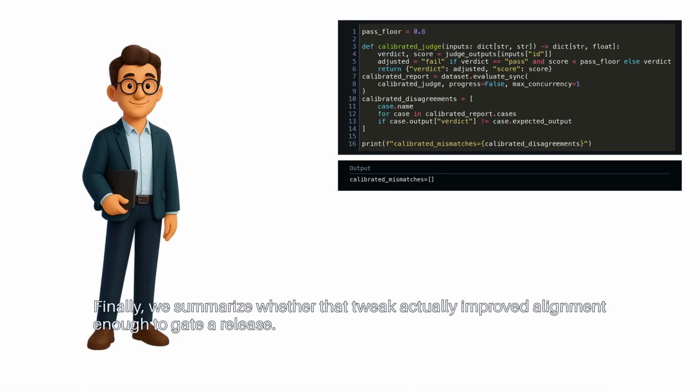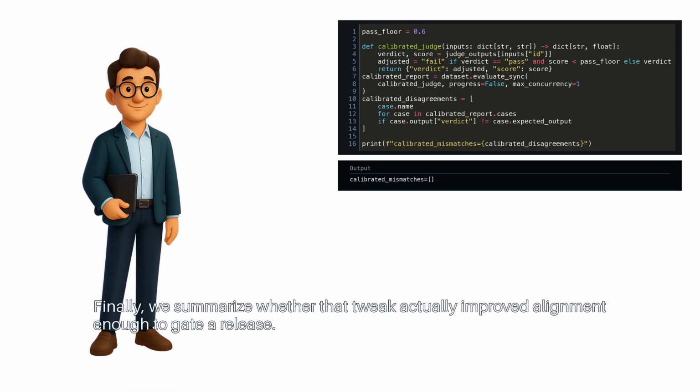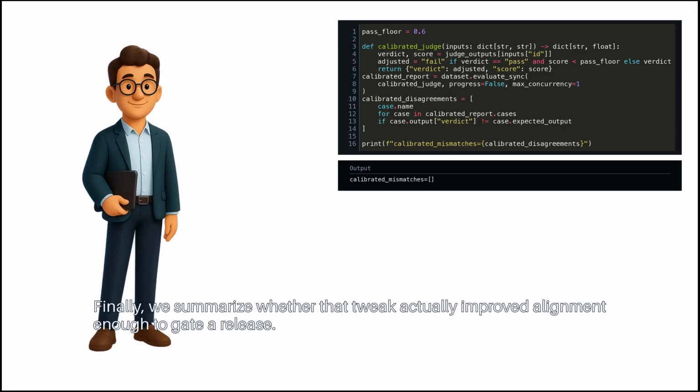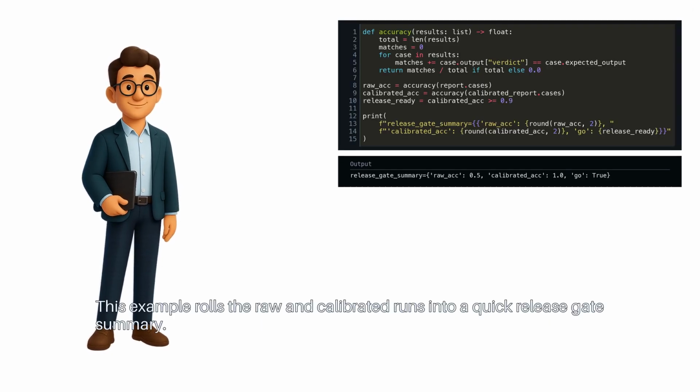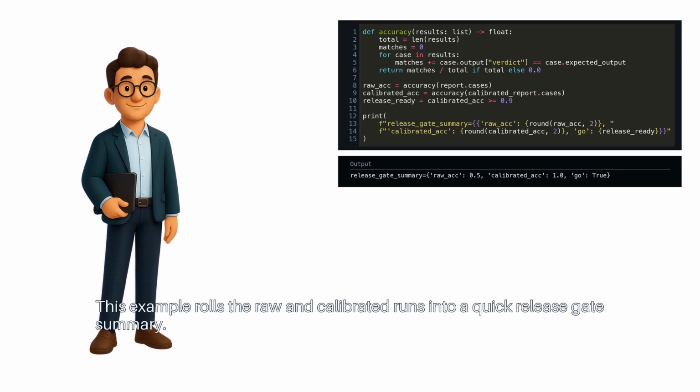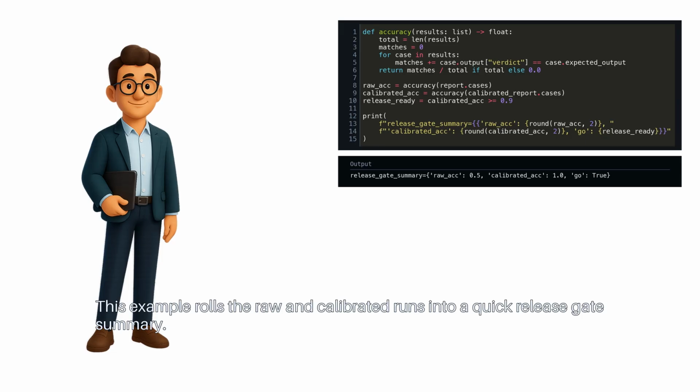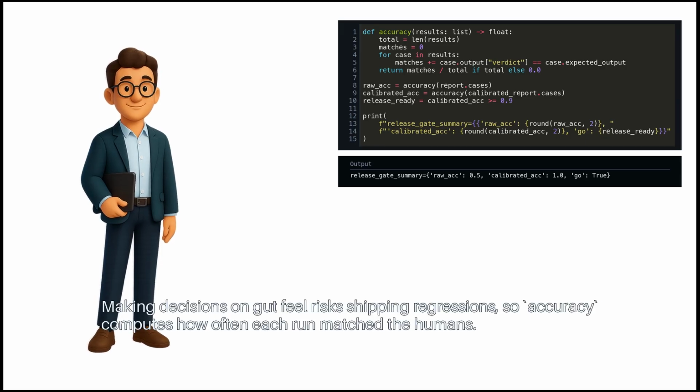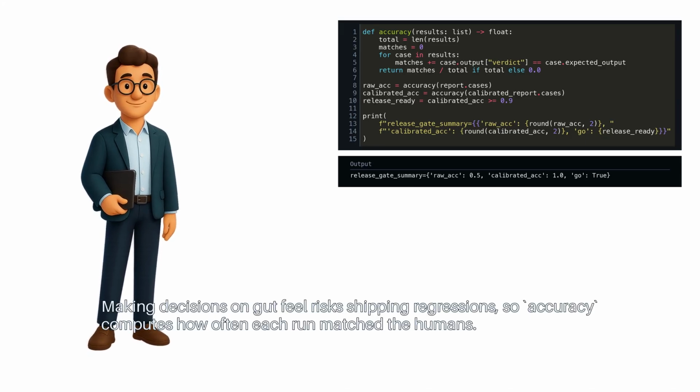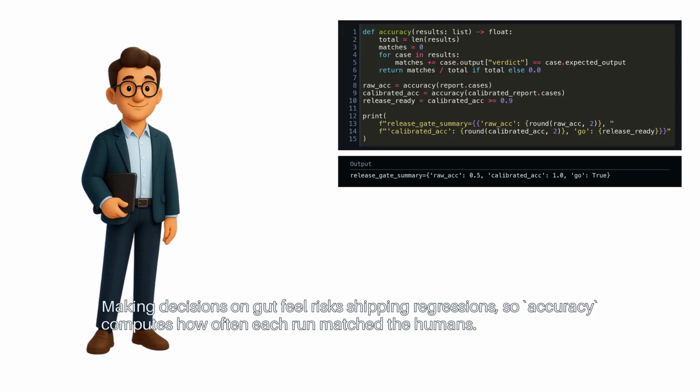Finally, we summarize whether that tweak actually improved alignment enough to gate a release. This example rolls the raw and calibrated runs into a quick release gate summary, since making decisions on gut feel risks shipping regressions, so accuracy computes how often each run matched the humans.